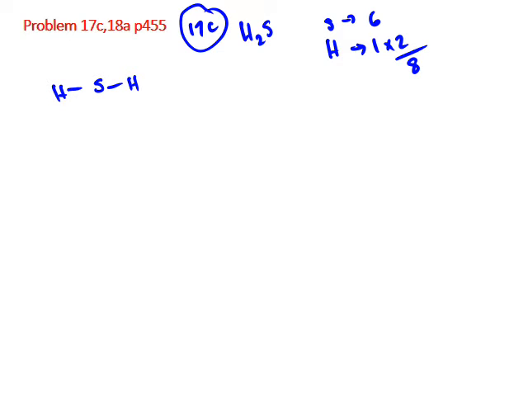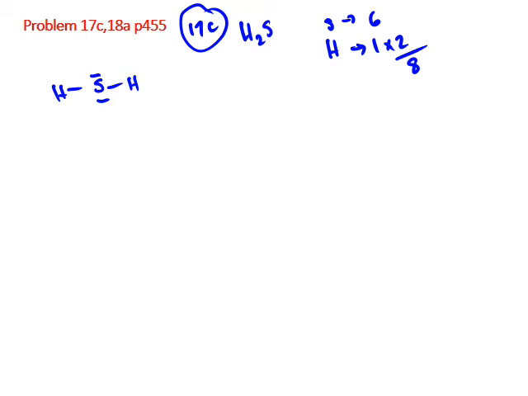This accounts for 4 electrons, and I need to assign 4 more electrons. Hydrogen already got the noble gas configuration of helium with 2 electrons or 1 bond. So you cannot put any more electrons on hydrogen. So those electron pairs will have to be on the central atom, sulfur. So these are the two pairs. And this would account for all 8 valence electrons in H2S.